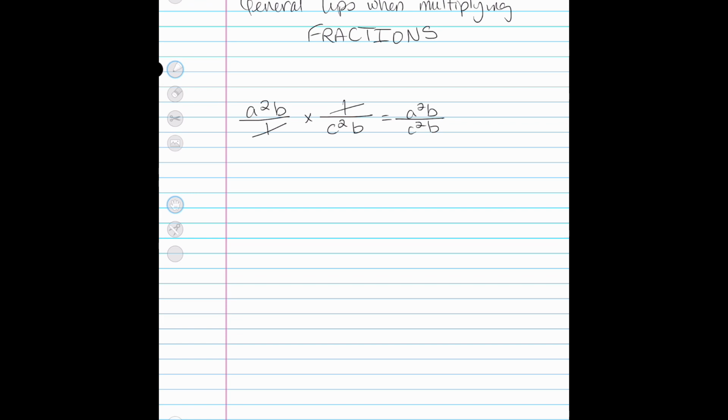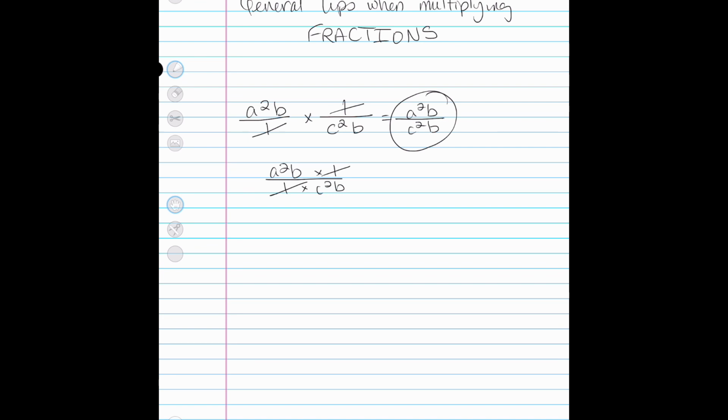Even if they didn't, what this would really be is A squared B times 1 over 1 times C squared B, okay? We all see that. 1 over 1 is always going to equal 1, so the answer is going to be here in A squared B over C squared B.